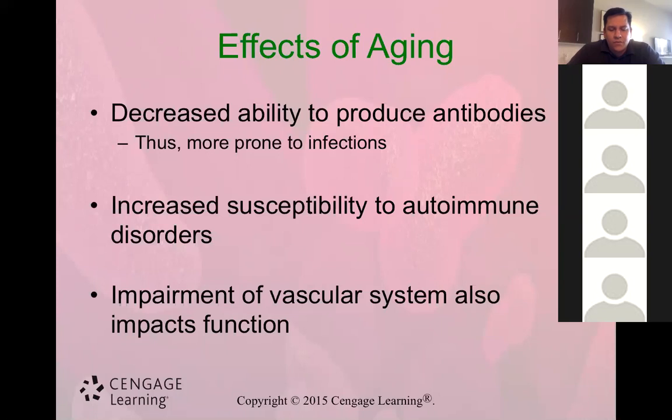In addition, as the immune response becomes less effective, the individual is more susceptible to autoimmune disorders. Many diseases of the older adult have some direct relationship to the decrease in immune response. Because the lymphatic system depends for some of its function on the vascular system, additional problems arise in the older person who has impaired circulation or other vascular system diseases.